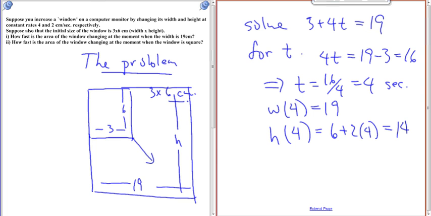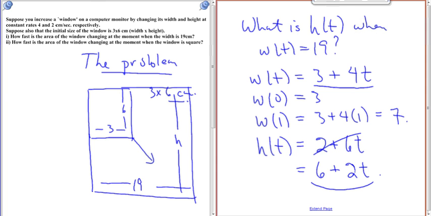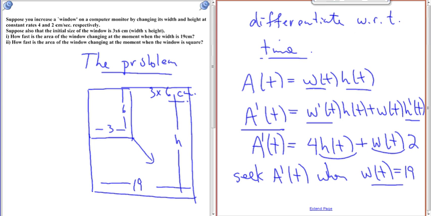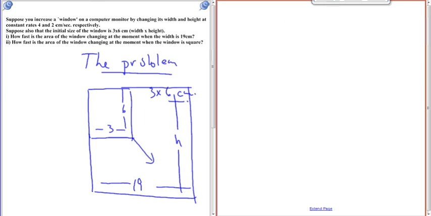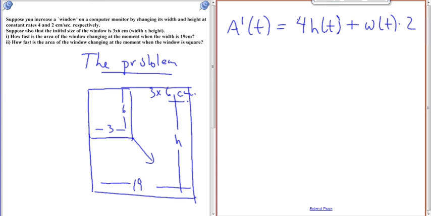Good, let's go back to our formula to remember what that was for A prime of t. We found that by differentiating right here. Let's use that. Remember, A prime of t was equal to 4 times h of t plus w of t times 2.